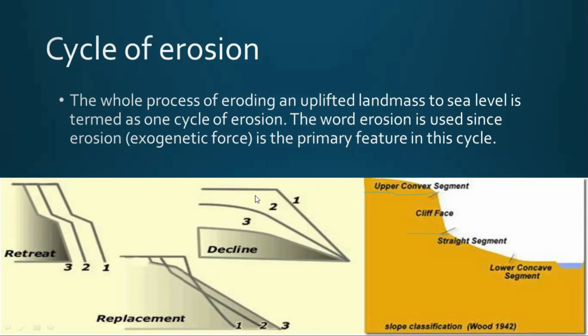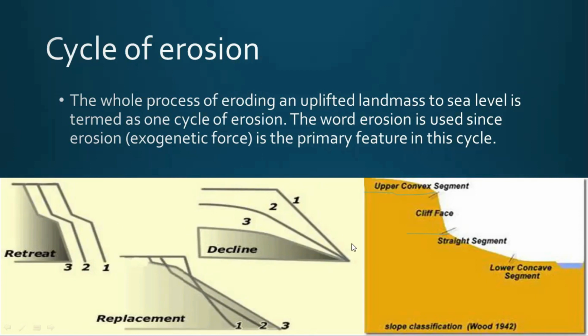Now, why do we need to study slopes? Herein we are seeing that there are three kinds of slopes and over here another type of slope. You can see the different types of how the slopes are getting reduced. When the slope changes, the landform also changes.